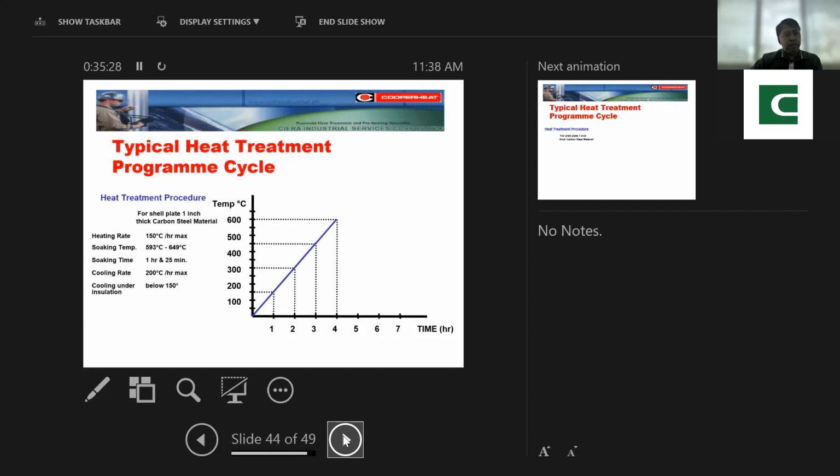Then we need to soak at 600 at 1 hour and 25 minutes. So may konti pa sobra yan ng 25 minutes. And then cool at 200 degrees per hour. So from 600, after 1 hour, dapat nasa, kasi 200, 400 na siya.